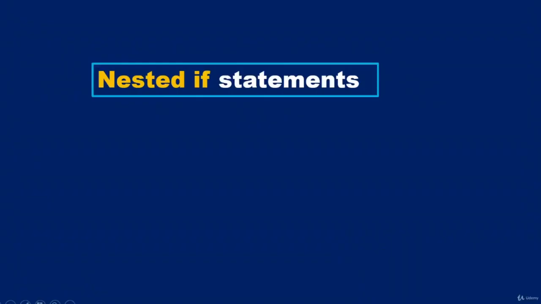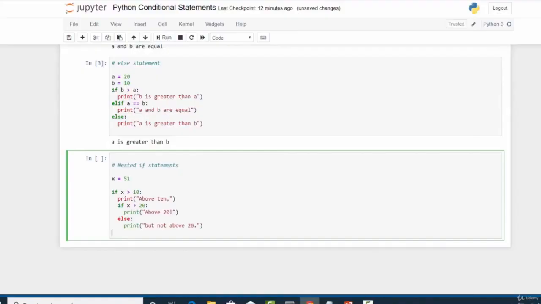We also have what is called a nested if statement, which is basically an if statement embedded inside another if statement. I have added a block of code into this cell to illustrate how the nested if statement works. So I've got a variable X, which has a value of 51.